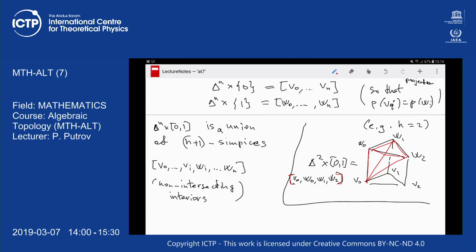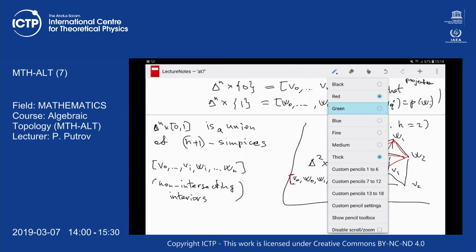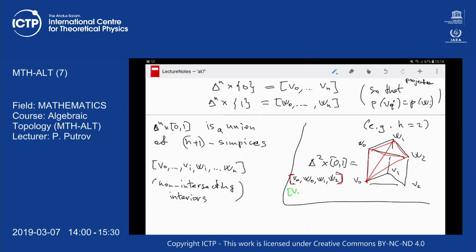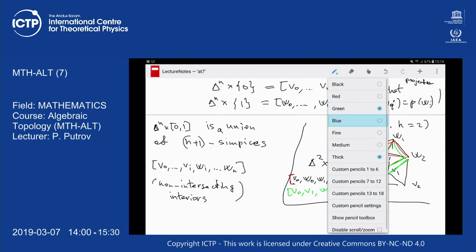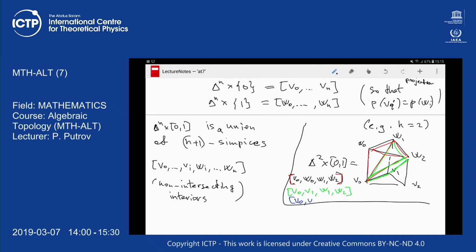And something like V0, V1, W1, W2, and so this is this edge. And this simplex, and then finally there will be V0, V1, V2, and W2.